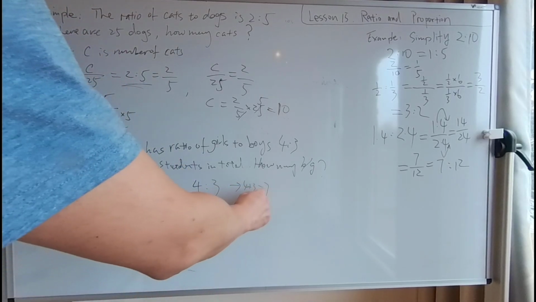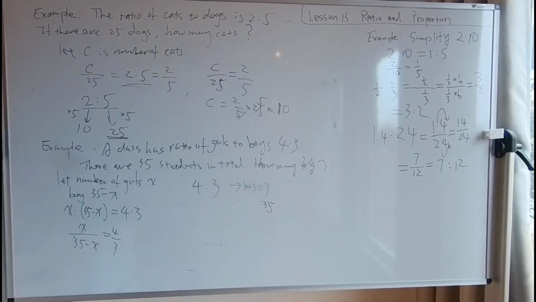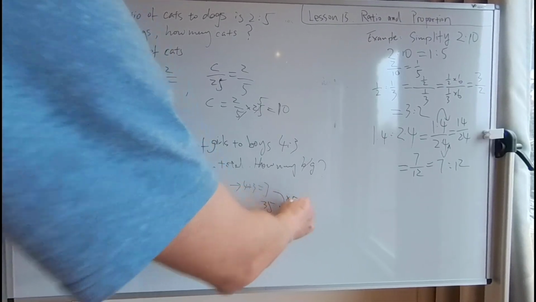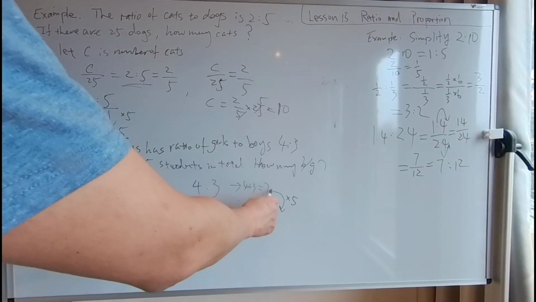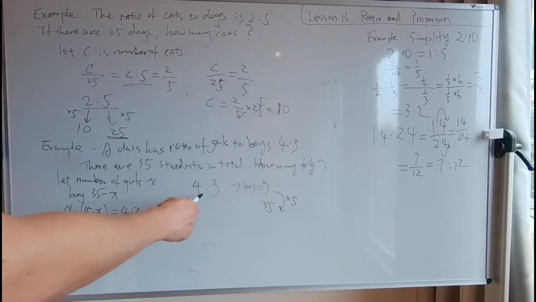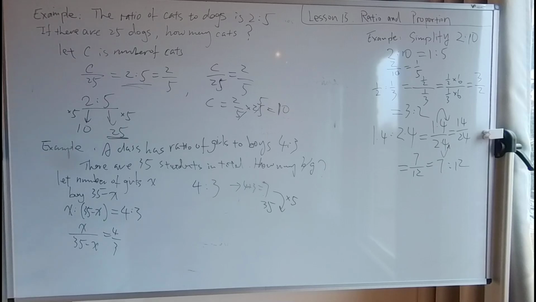This is the relative total, and the actual total number of students is 35. That means it's 5 times, because 35 divided by 7 is 5. So it's 5 times from the relative quantity to the actual quantity, which means when we simplified this ratio, at least one common multiple of 5 was cancelled out.